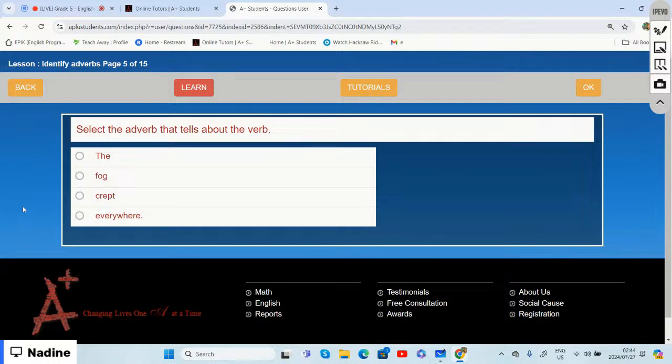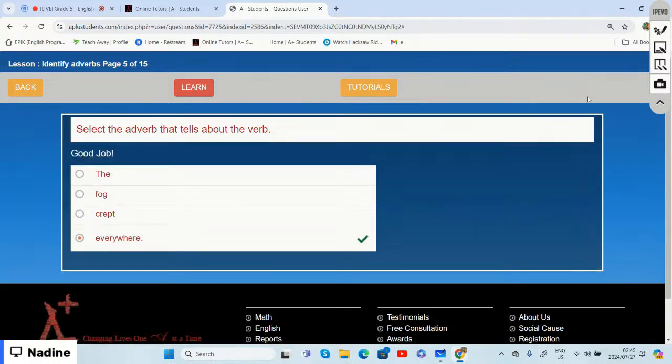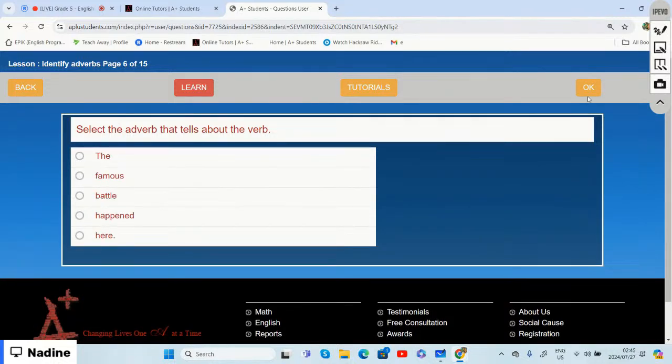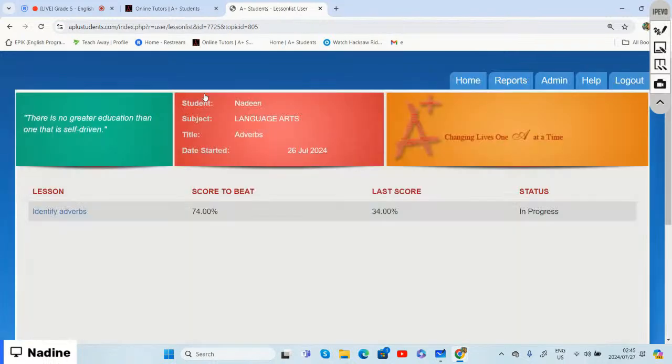If we were to select our adverb that tells us about the verb, we can say the fog crept everywhere. Everywhere tells us where it crept. All right, so this is now the end of our lesson on adverbs.